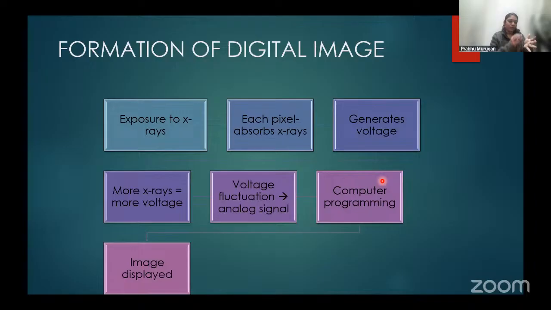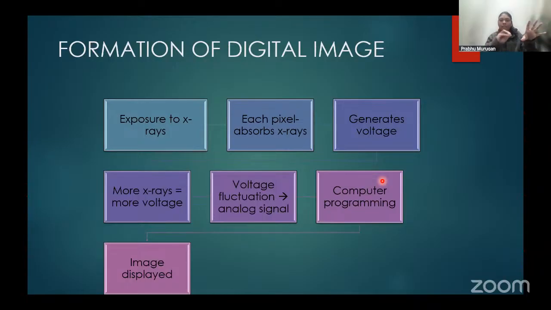Like I told you, for this voltage fluctuation, these signals, each pixel is going to be assigned a number. For example, more X-rays means the number is going to be 10. Less X-rays means the number is going to be 1. So wherever the analog signal is 10, the computer will give a dark black color.